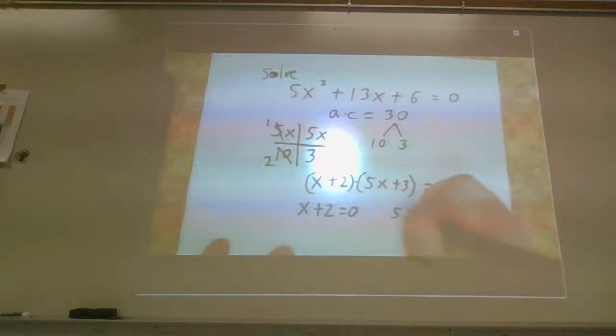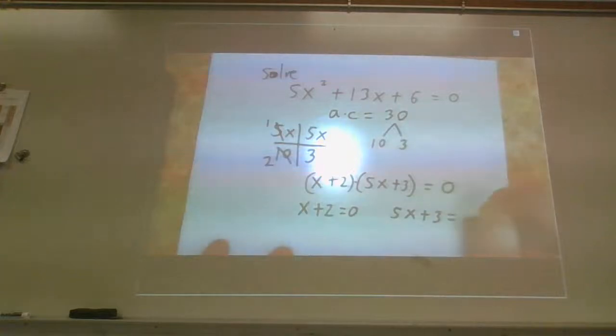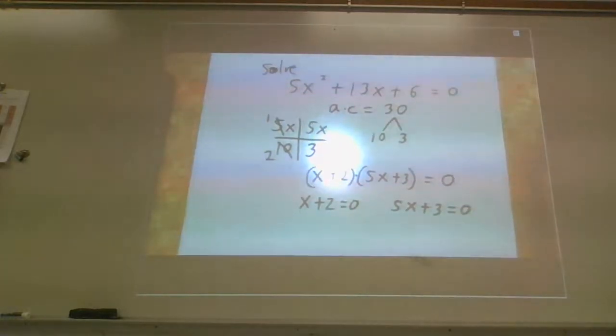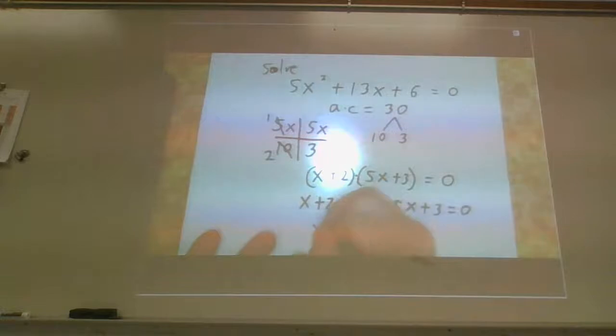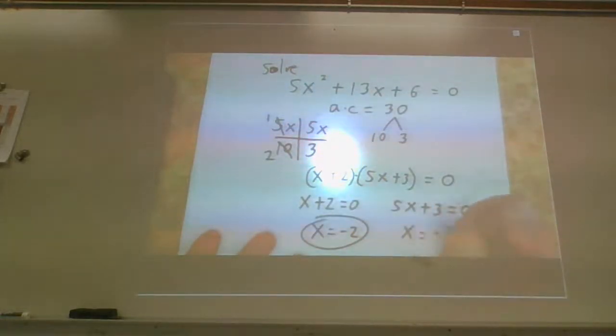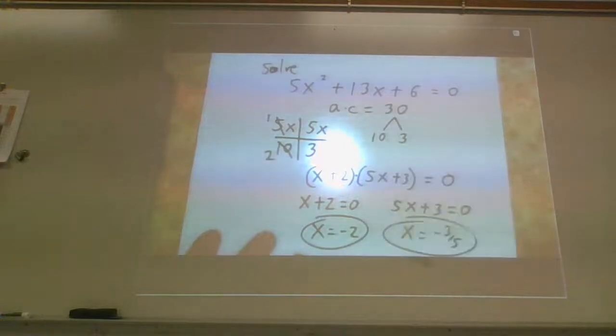And since we don't know which one is 0, we have to assume that either one of them could be 0, and we have to solve. This is where we end up with two answers, -2 and -3/5.